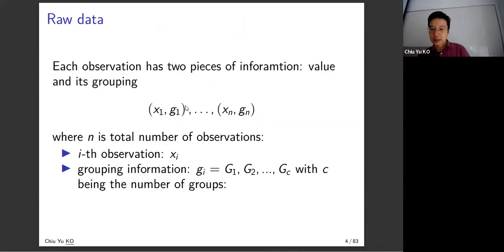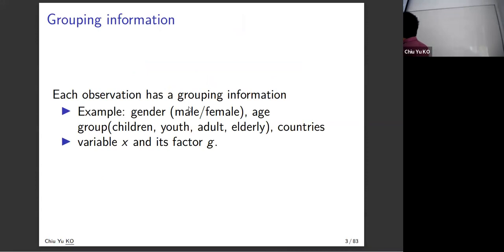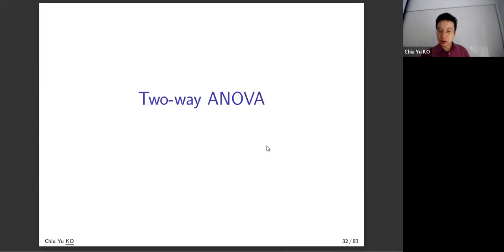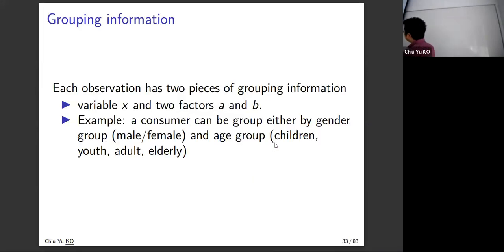Because the idea is you have male or female and compare the mean between female and male. Then you can say, is there any wage difference, right? This is one-way, and then you can also have a two-way ANOVA, right?